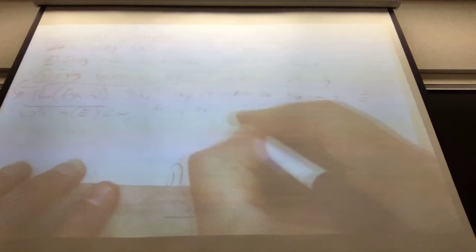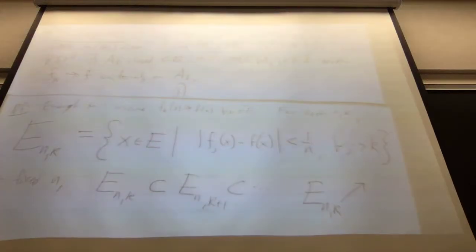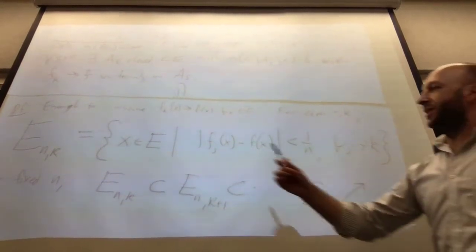And what is the limit? What is the union over all of these? I'm making it less and less restrictive while asking for this difference to be at most 1 over n. For fixed n, what is the set of x's?